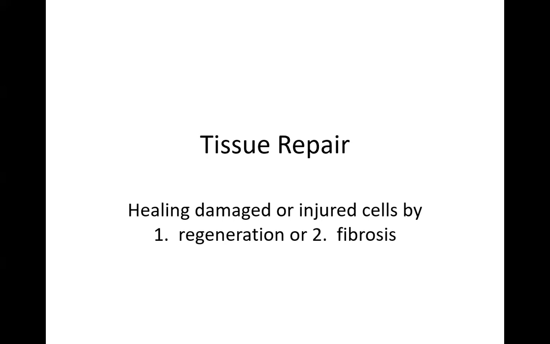So you have to understand that we have healing by fibrosis and healing by regeneration. We heal by regeneration if the injury is light and on a tissue that has the capacity and potential to regenerate and enter the cell cycle. But if the tissue does not have the capacity to enter the cell cycle, like heart tissue or brain tissue, if that is damaged, then it's damaged for good.